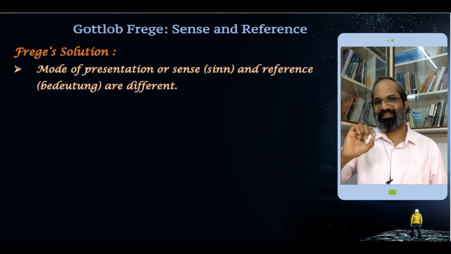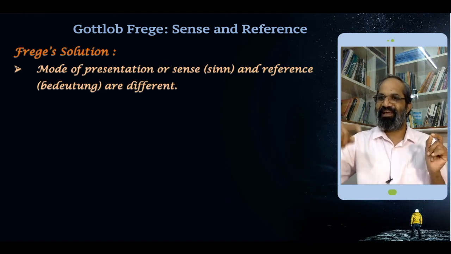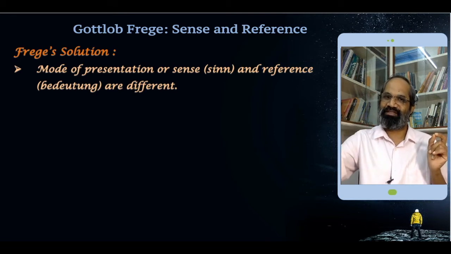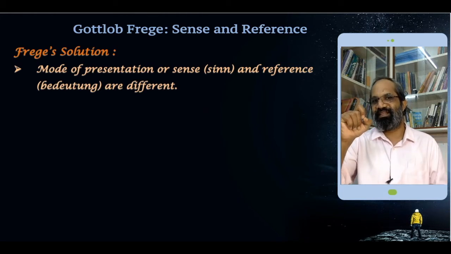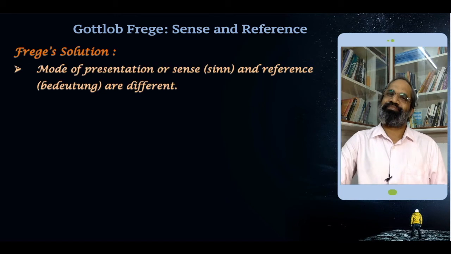Morning star is the sign, and the star Venus is the object. He introduced a notion of sense between sign and object. The sign is what we talk about, the object is what is referred to, and in between there is a notion called sense, or meaning, we can say.